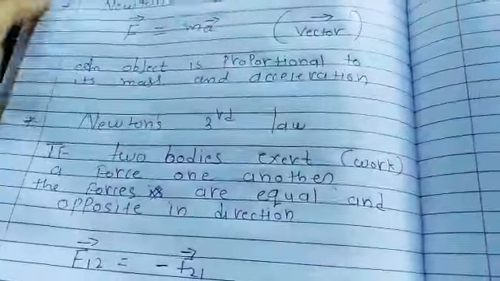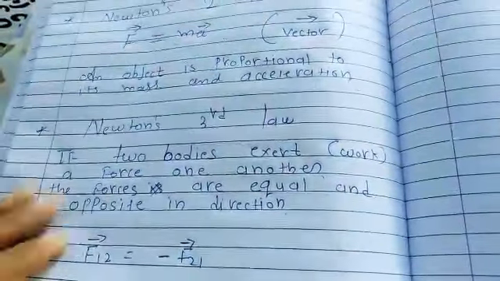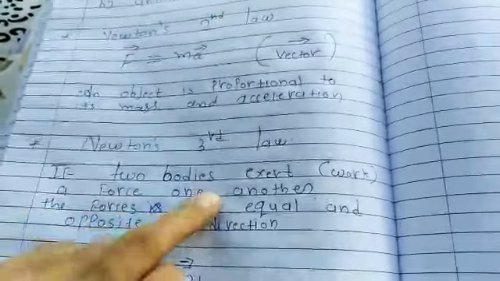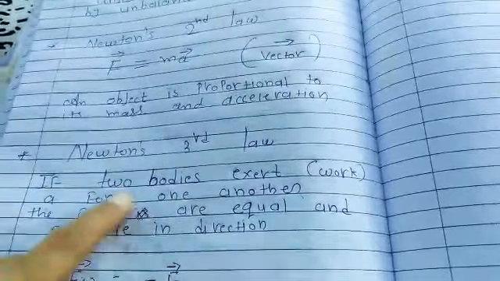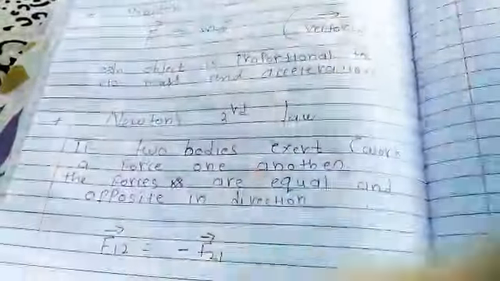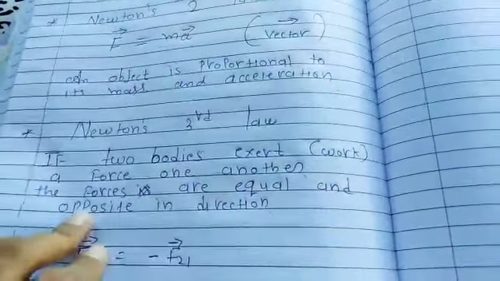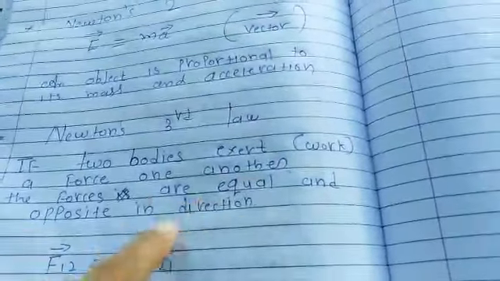Now we see the third law. This is a very important law in every way. If two bodies exert a force on one another, the forces are equal and opposite in direction. I'm talking about two bodies, any bodies.